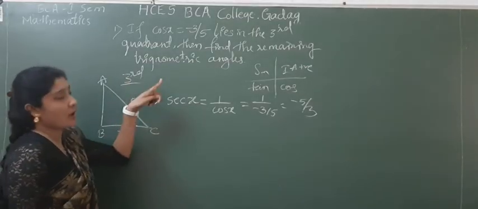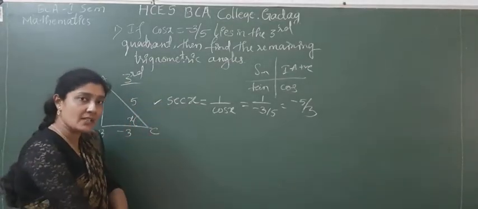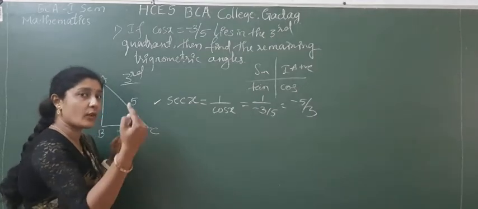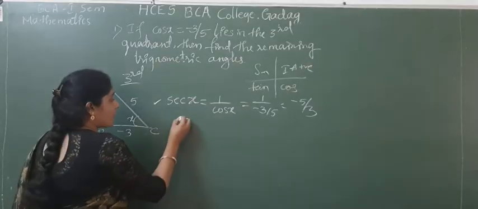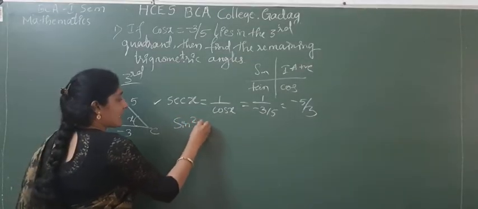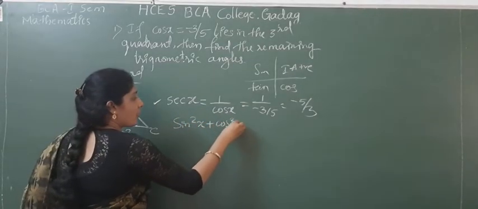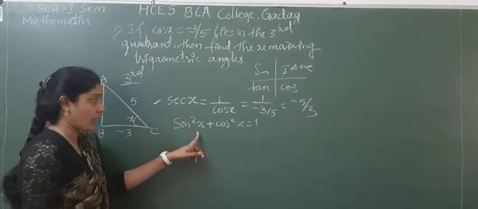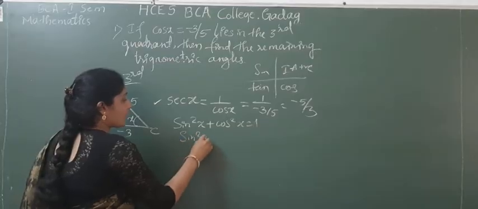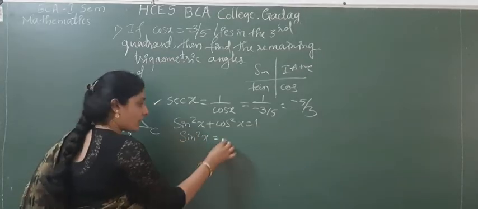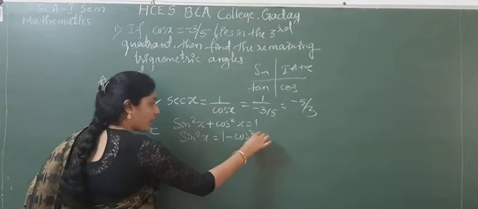Next, from cos, can we find the sin x? Yes, based on the first trigonometric identity which we proved now. We know that sin square x plus cos square x is equal to 1. So sin square x is equal to 1 minus cos square x.